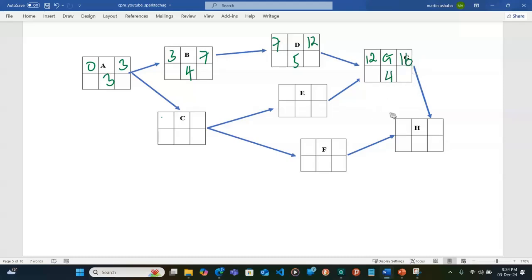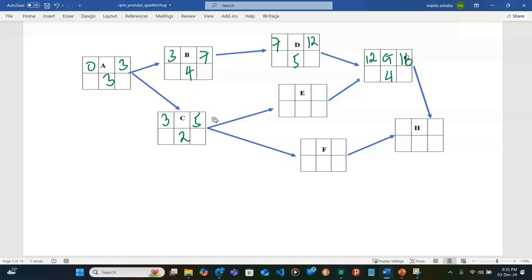And then we also remember that from here, this is 3 because the earliest finish time here is 3. Then C takes 2 days, so this is 5.